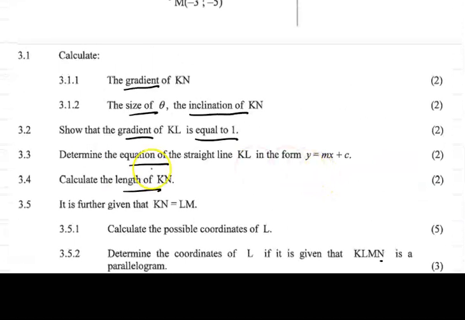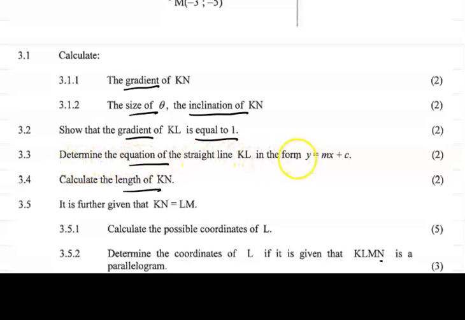Now, next question is 3.3. Determine the equation of the straight line KL in the form y equals mx plus c. Now, this is what I mean by sequentially answering questions in analytical geometry. Normally I like to show you specific things in my video lessons, but with analytical geometry and geometry, you have to answer the whole question from the beginning, because it's like climbing up a ladder.